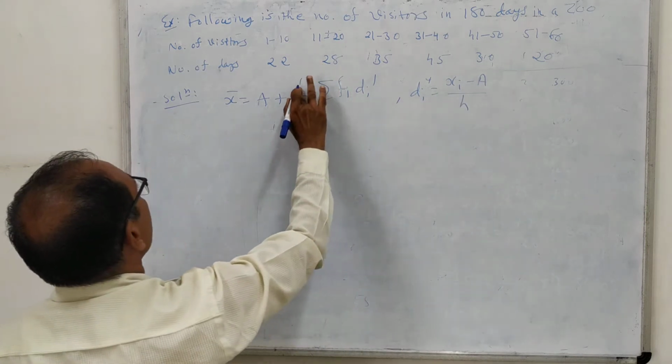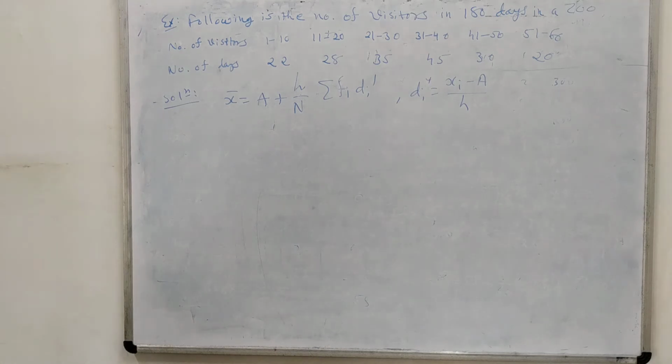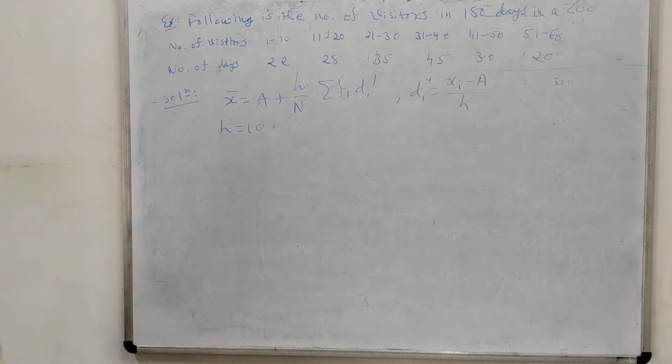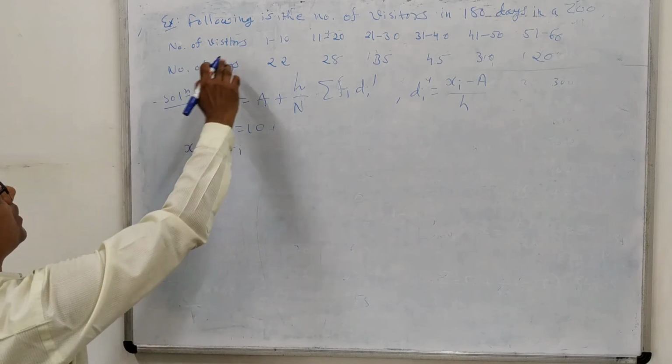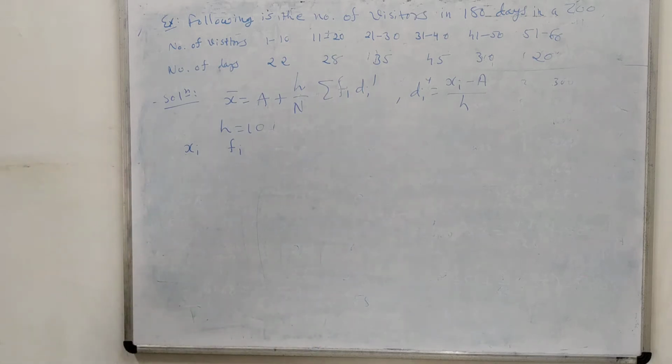H is the length of the interval, and in our case h equal to 10. A we will assume from the values of xi. So here xi is not given. Instead, intervals have been given. So we will write down their mean values over here.